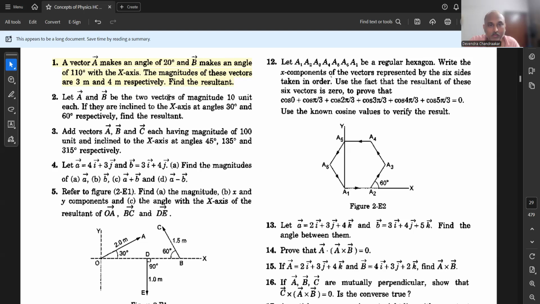X-axis. Okay. What about others? Harshita and Sri Swaroop.